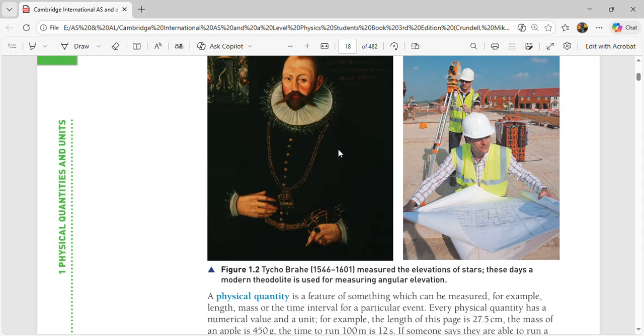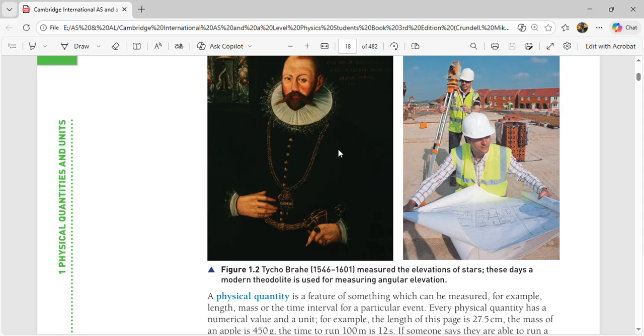And a physical quantity is characterized by a magnitude, size, and a unit. So if a quantity has a magnitude and a unit, that's a physical quantity.